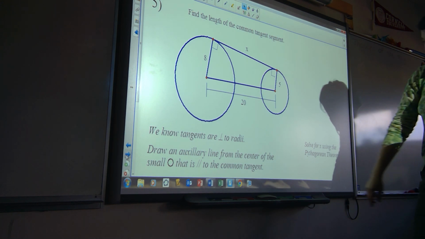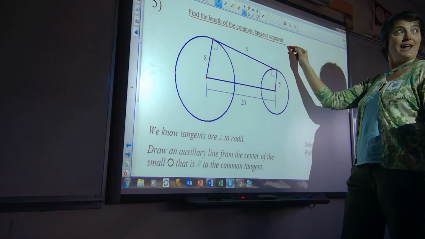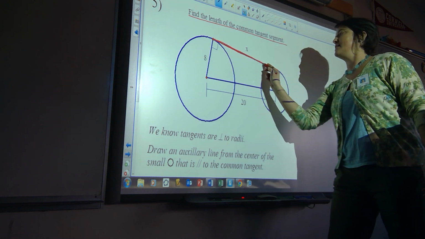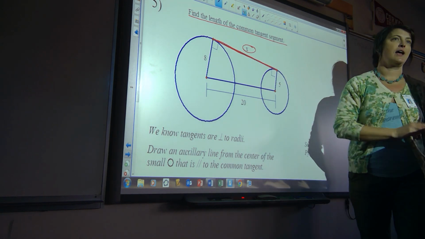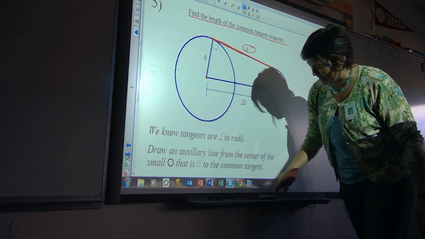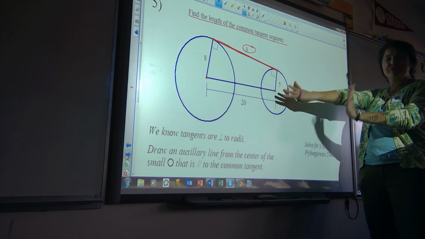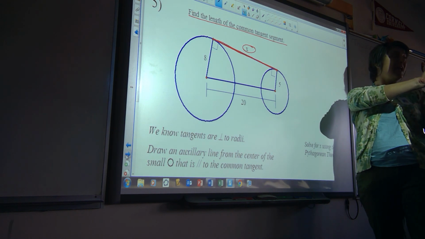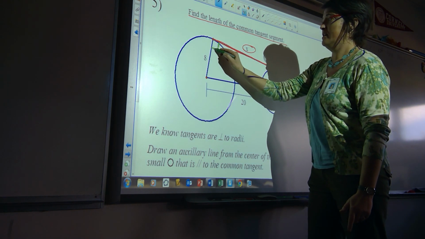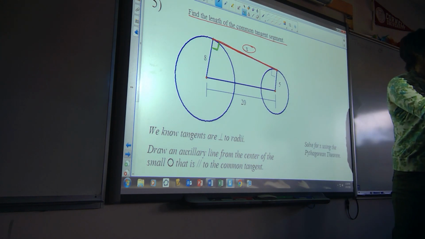All right, find the length of the common tangent. Notice in this particular case, the common tangent is this edge right here, and it is in fact labeled already with an X. So we need to find its length. One of the things that's really going to be helpful is if you remember that a tangent and a radius have a 90-degree relationship.